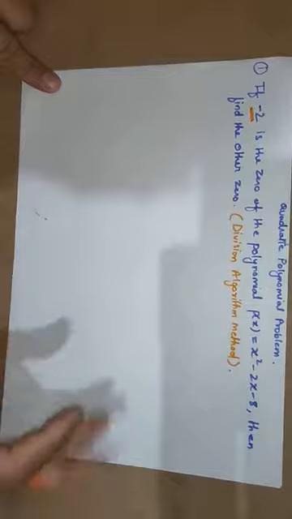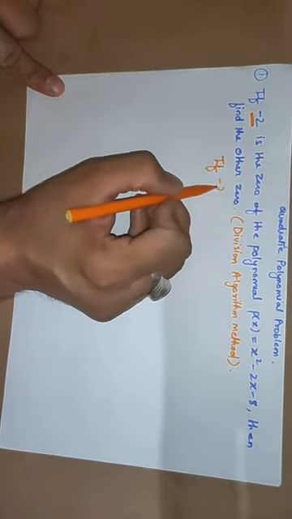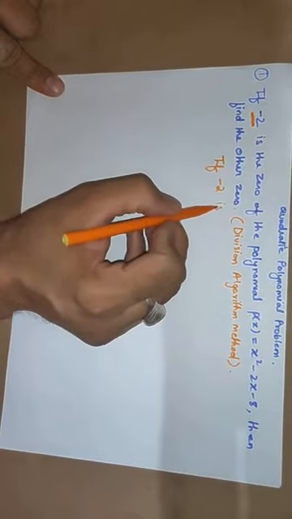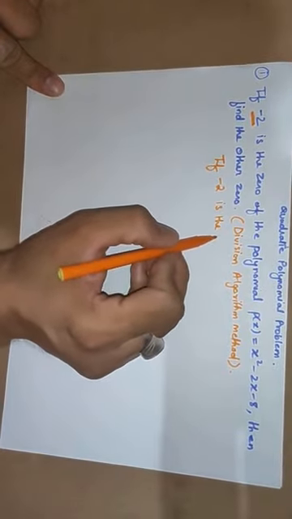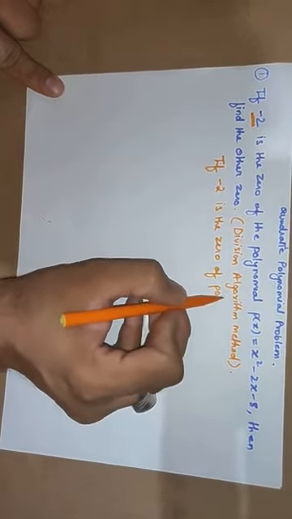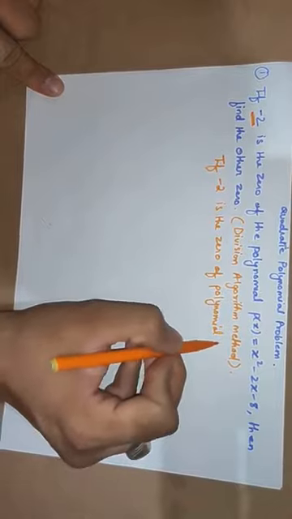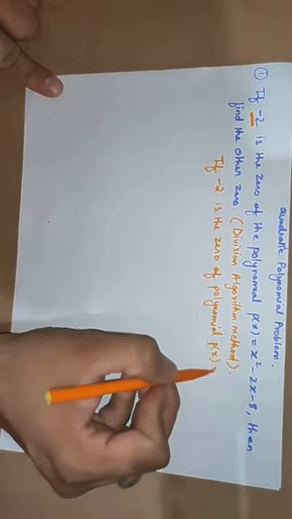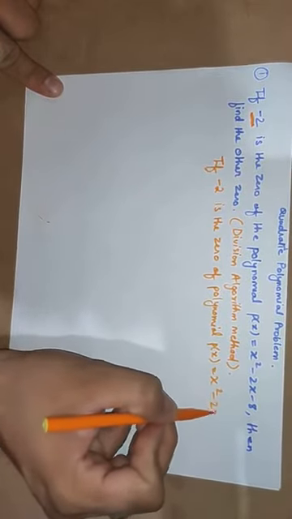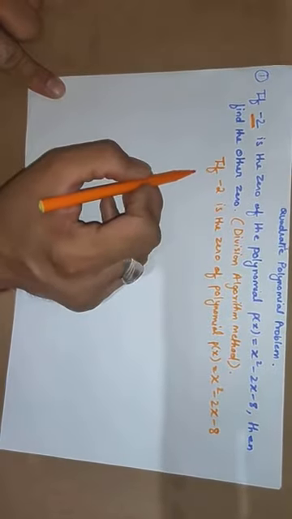So if minus 2 is a zero of the polynomial, what can I write?